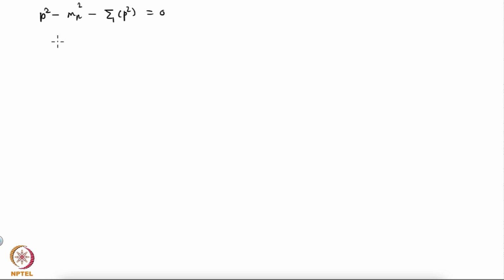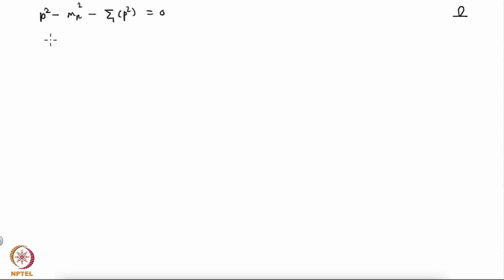Okay, so let's solve that, and it's easy anyway, but also note that sigma 1 of p square is independent of p square up to order lambda. There was no p square dependence, and you know why, because this diagram doesn't involve an integral which carries the momentum p. So what do you get?